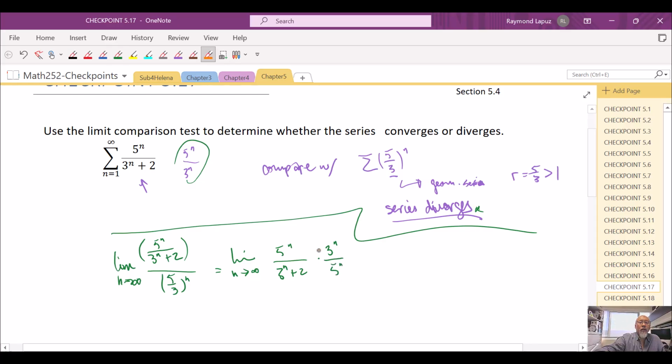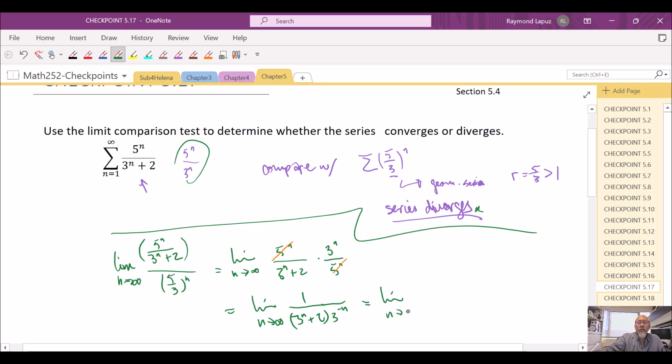And as we multiply, this is going to cancel. I mean, they don't exactly cancel, but if we rewrite that as the limit as n approaches infinity of 1 over 3 to the n plus 2 times 3 to the negative n, then we can see that being distributed.